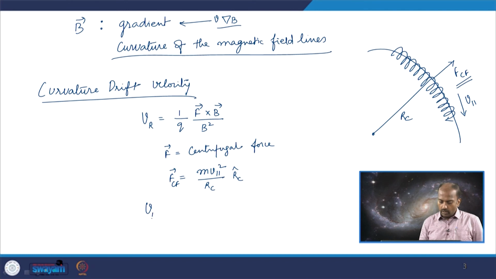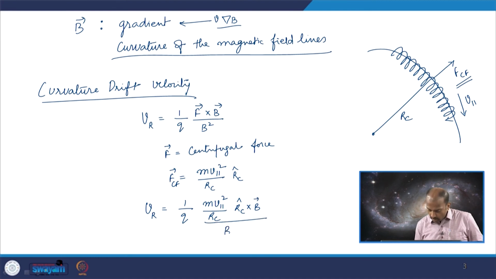So, V R, with the centrifugal force, can be 1 by q times m V parallel square divided by RC, into RC cross B divided by B square.